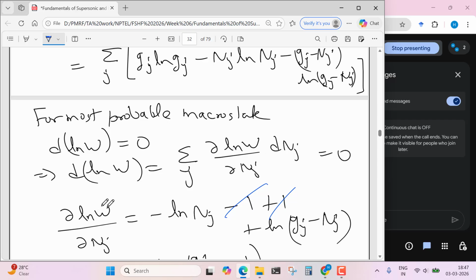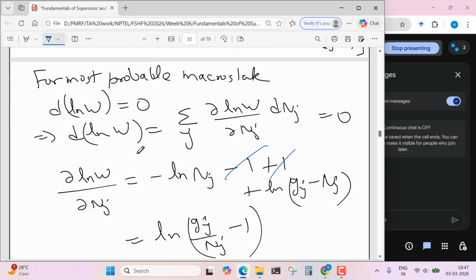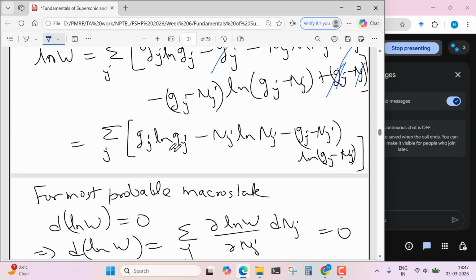So what is dou log W upon dou Nj? This summation has all terms for Nj, but if we are taking the derivative with respect to Nj, only the Nj term will remain.